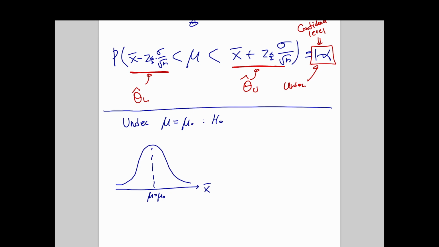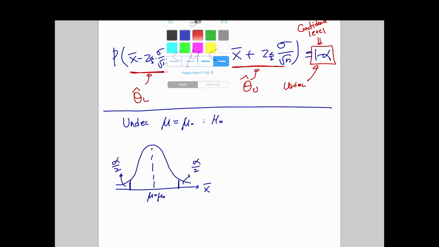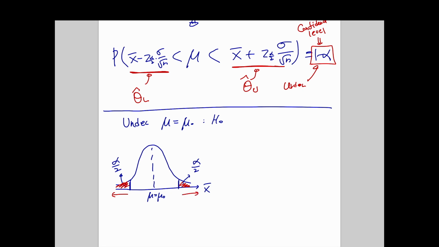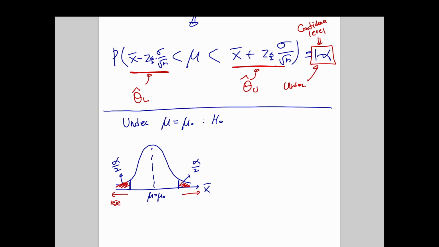And the alpha we set as a tail probability. Tail probability become the reject region.